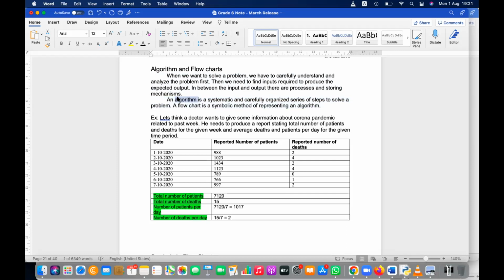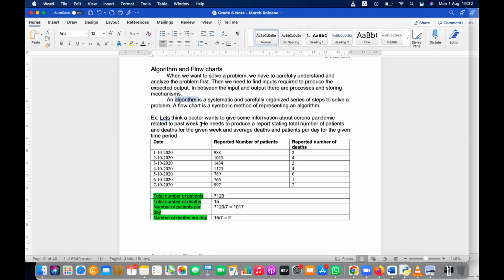Okay, here a small example is given. This example shows a problem and also how to solve this problem using an algorithm, right? Okay, so let's see.